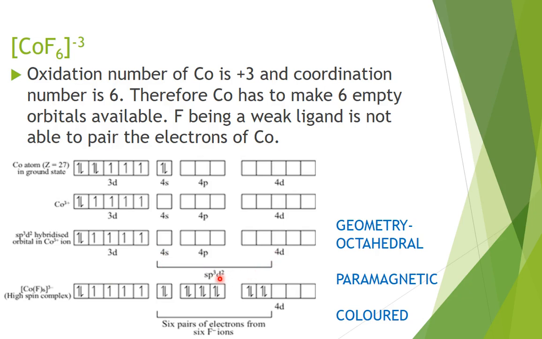The hybridization will be sp3d2. So these are the 6 pairs of electrons donated by 6 fluoride ions. Because the hybridization is sp3d2, the geometry will be octahedral. Here there are 4 unpaired electrons, so the compound will be paramagnetic as well as colored.